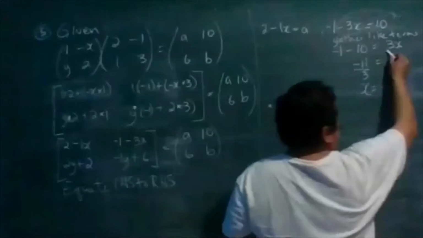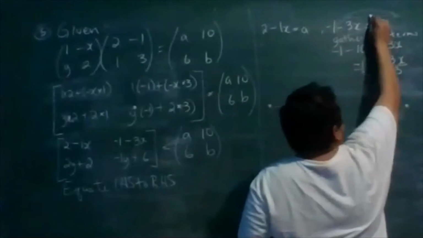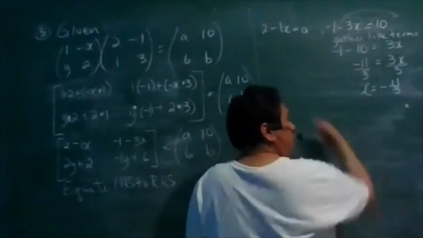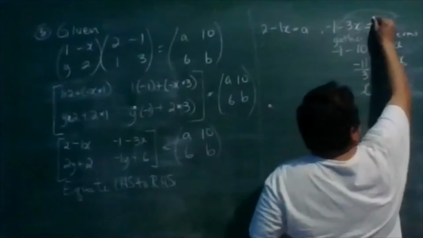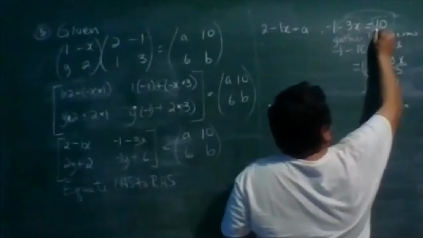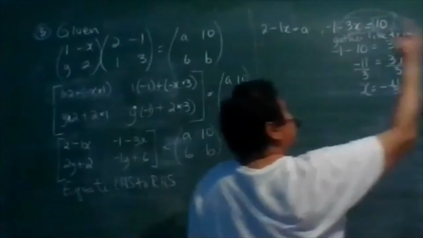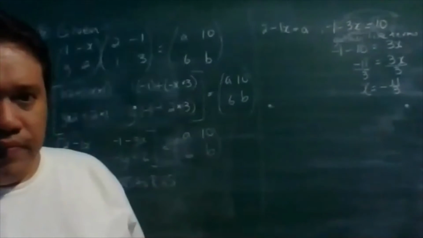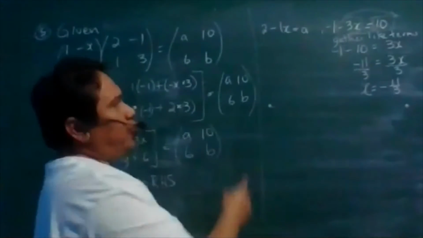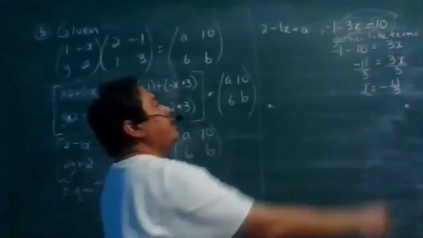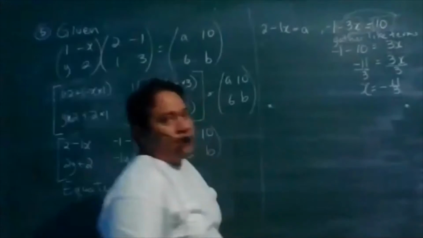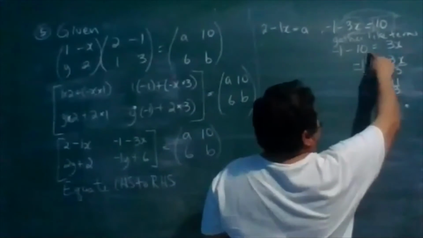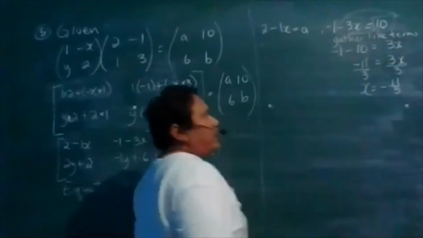That's why it has 3x. Similarly, if I move something across, then something has to come back in the other direction. And so the 10 goes from the right to the left. The 10 was a positive. When it goes across, it will change signs. Now it will be negative. So now I have negative 1 minus 10 equals a positive 3x.